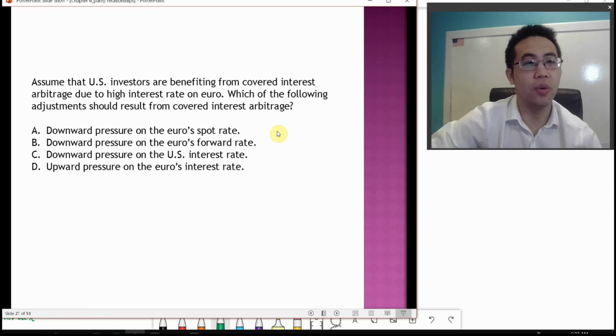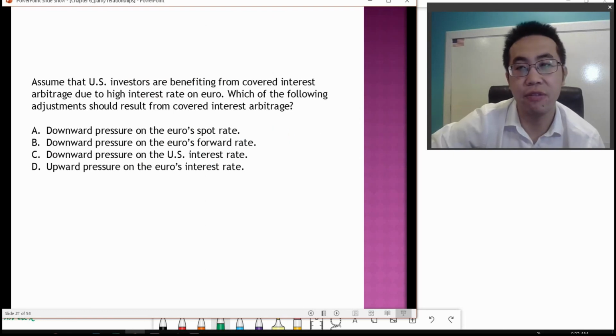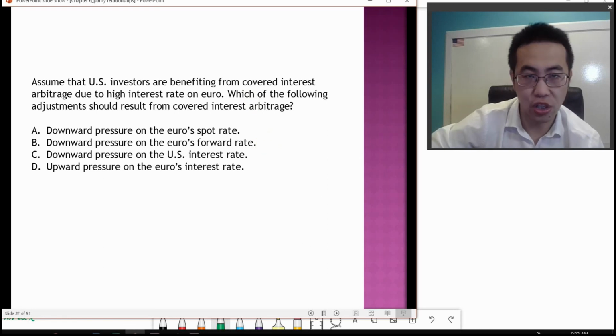And here is one quiz, one practice question. Assume that U.S. investors are benefiting from covered interest arbitrage due to high interest rate on euro. So that means we are investing overseas and we are borrowing from the U.S. and converting dollars to euro at the spot rate and then investing in the eurozone.